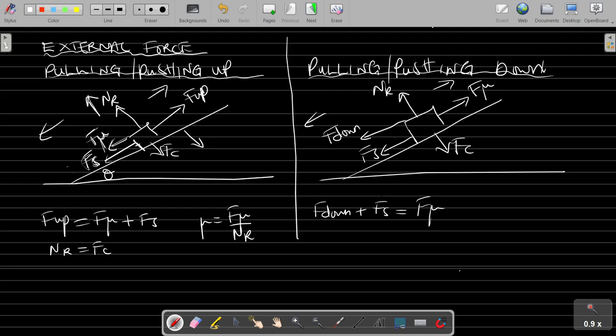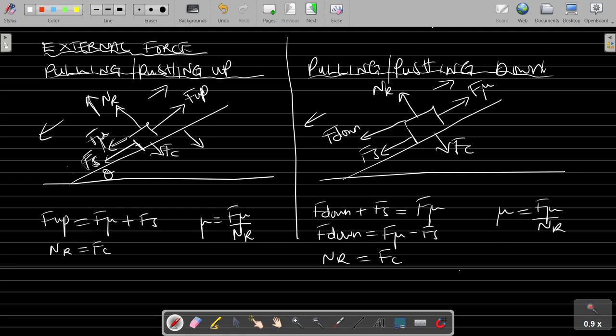You want to make F down the subject, so you take Fs to the other side. Thus F down equals frictional force minus Fs. We are still saying normal force is the same as Fc, and coefficient of friction equals frictional force over normal force.